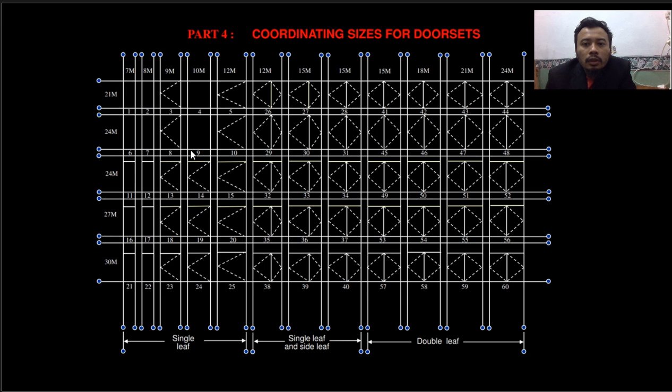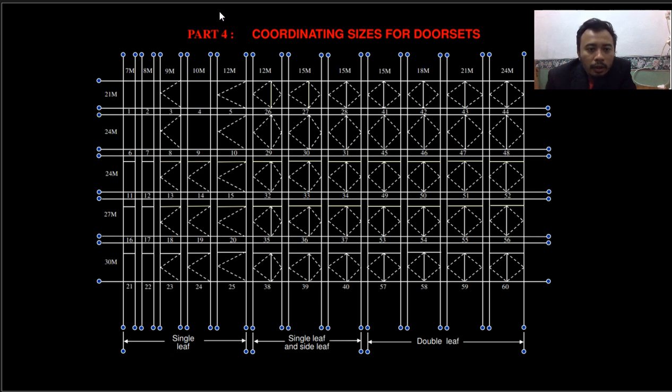So in part 4 of MS1064, the standard specifies the sizes for door sets. What I want to show you here, as you can see, are the grid lines showing 3 types of door sets.